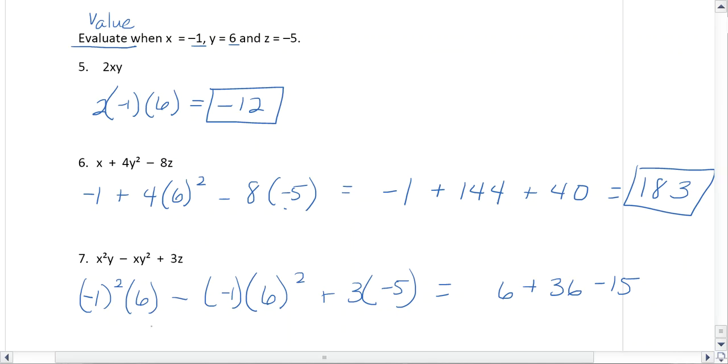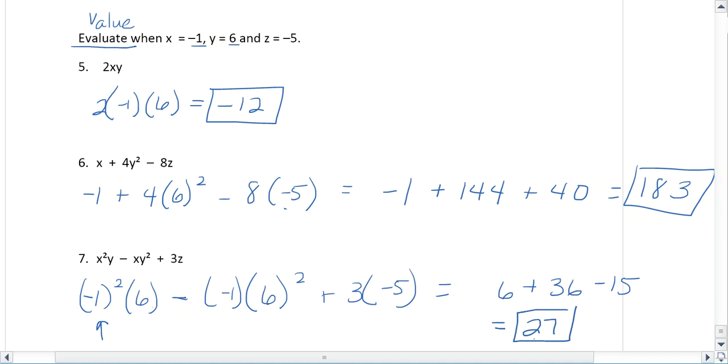Okay, so evaluating this, when you square a -1, you get a +1 times 6 is 6. Here, doing the squaring first, 36 times -1 is -36, but then we have this minus sign, making it a +36. And 3 times -5 is -15. And when you add these up, I got 27.